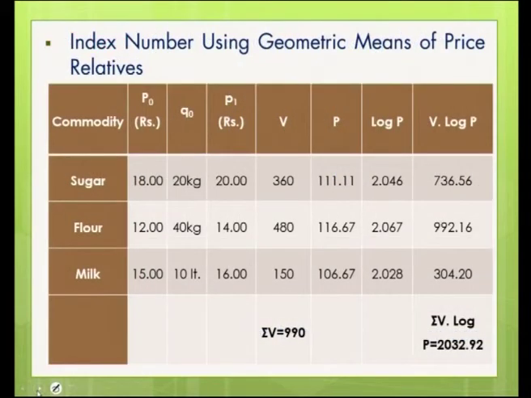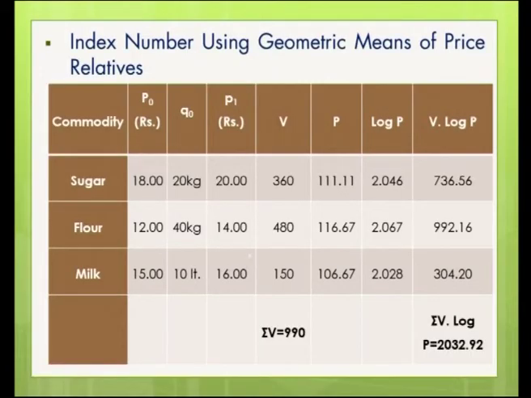Next, calculating the index number using the geometric mean of price relatives. Geometric mean means the P value which you have calculated has to be taken along with logarithms, so that we get V into log P. As such, the question is written as it is, and V is the P0 Q0 value and P is P1 by P0 into 100, and this is the logarithm of P. The logarithm of 111.11 is 2.046.